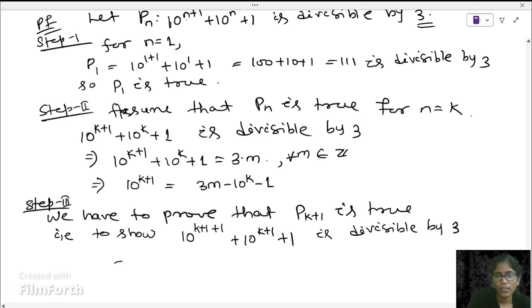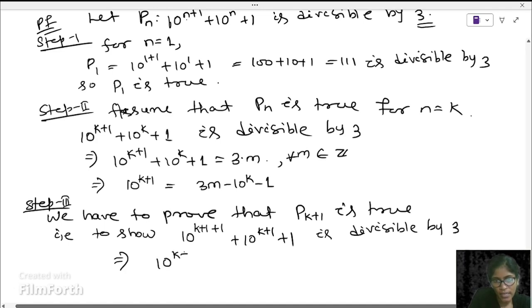Okay. That implies 10 to the power k plus 2 plus 10 to the power k plus 1 plus 1 is a multiple of 3. That means to check 3 into p, where p belongs to Z.